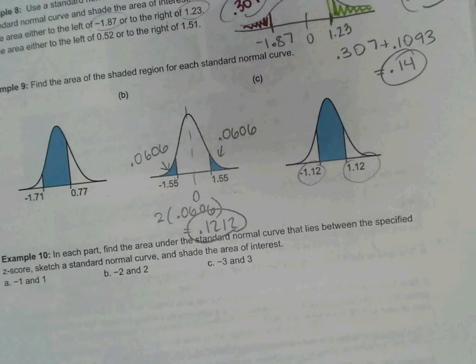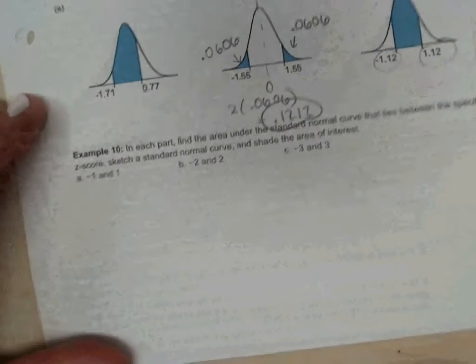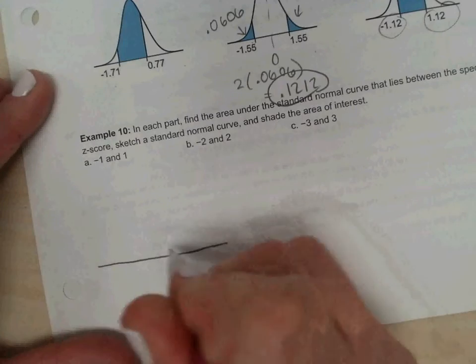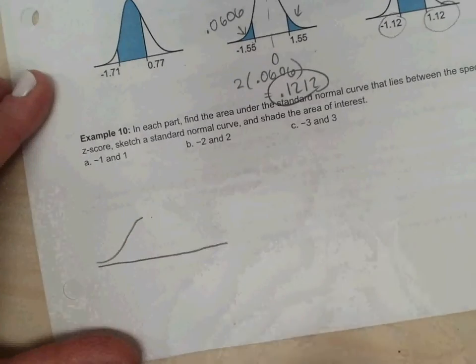Example 10. Toby, will you read that one for us, please? Find the area under the standard normal curve that lies between the specified z-scores. Sketch a standard normal curve and shade the area of interest. Great, thanks. So this one seems maybe a little out of place, but it has a purpose.